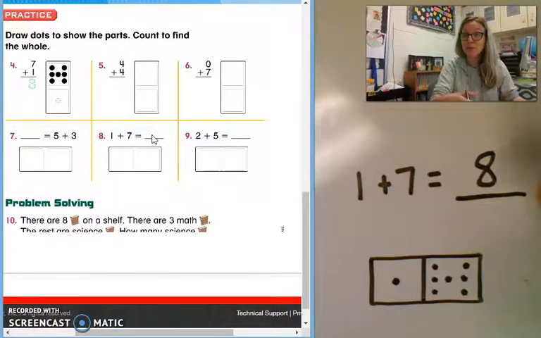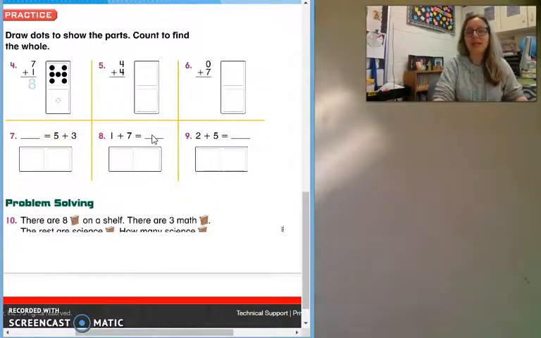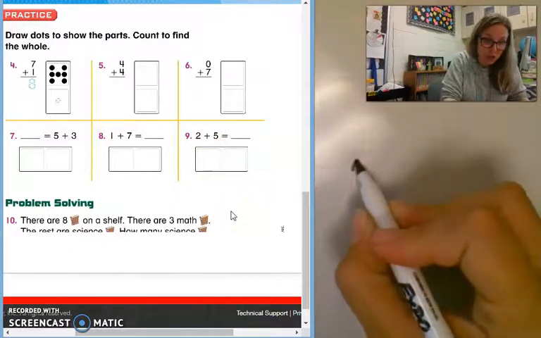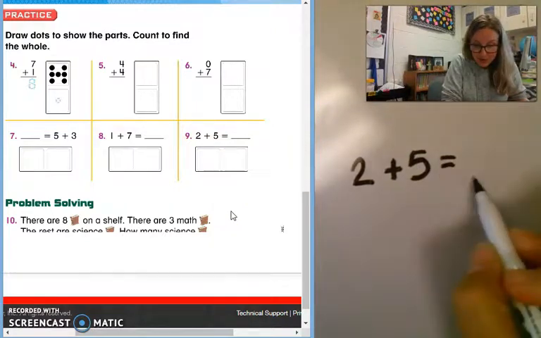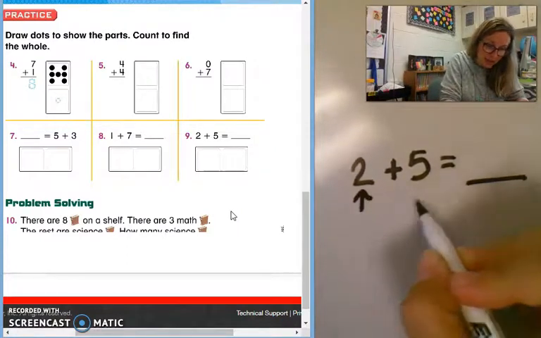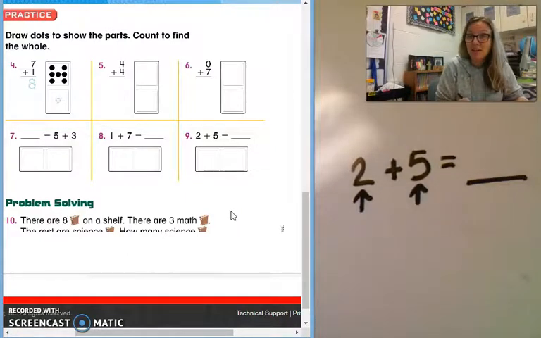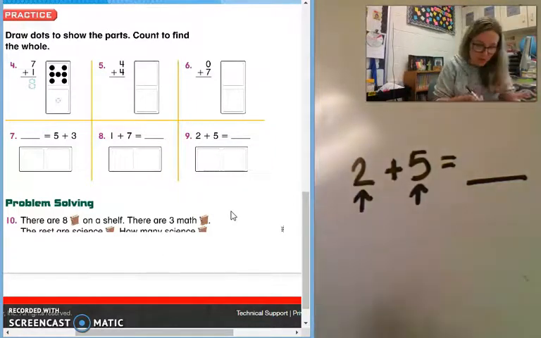Now at home, you should be following along and filling these in your book. Looking at number 9 right here. Number 9 says 2 plus 5 equals some number we don't know. So these are my parts, 2 and 5. In my garden, my blue flowers and my yellow flowers are the two parts.